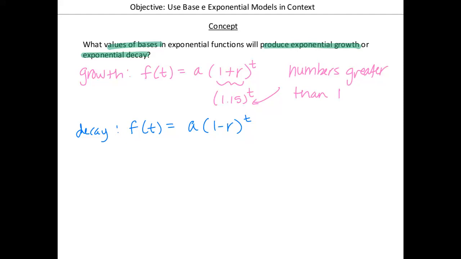The decay ones, notice I'm doing 1 minus r, so I'm subtracting from 1. So these numbers in the exponential decay were actually like a 0.905, for example, to the t power. And so these numbers inside the parenthesis, our base, are actually numbers smaller than 1.